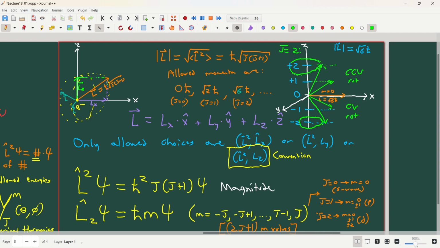It will give us a test, if you will, that will completely confirm that this is true, that we can only determine one direction at a time. All right, we need some way to make sure that this actually works out in quantum mechanics.